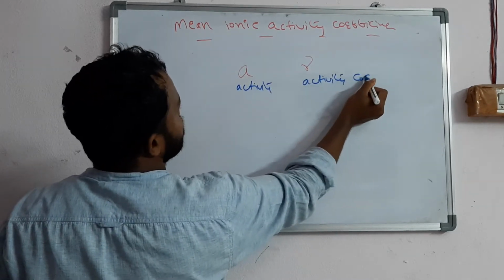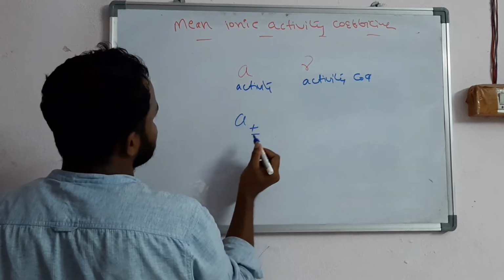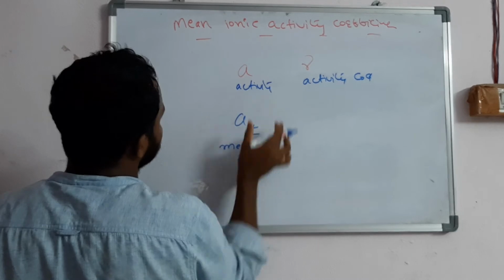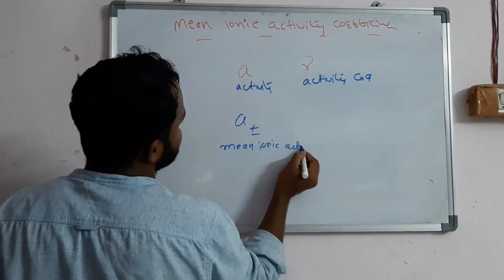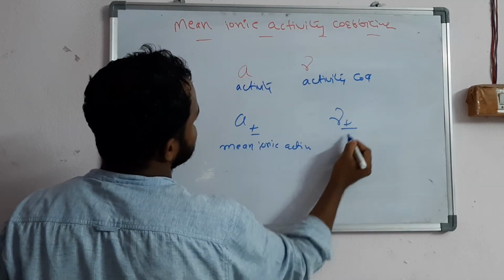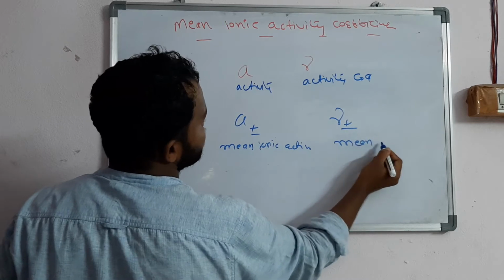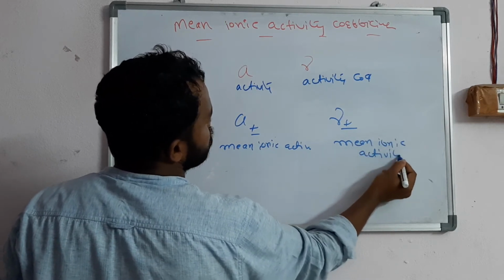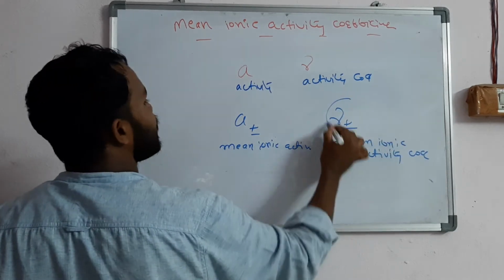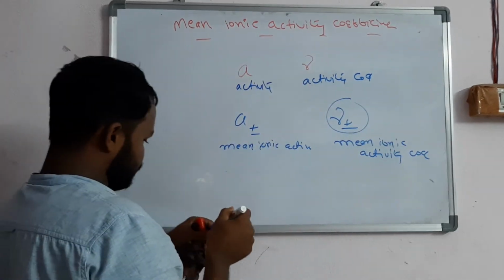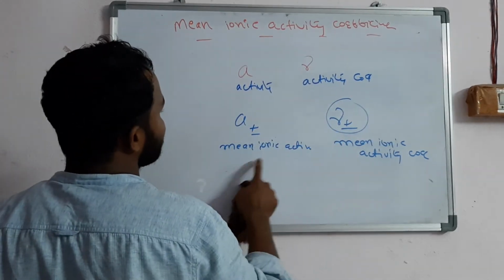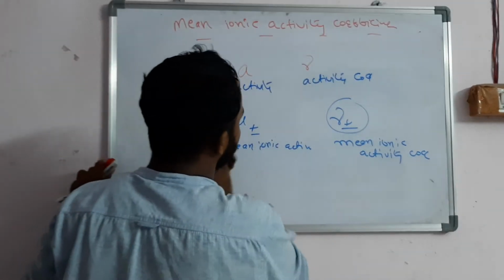Next, A± is represented as the mean ionic activity, like activity but mean ionic. Here γ± is the mean ionic activity coefficient, which we are going to calculate. These are the differences between activity coefficient, mean ionic activity and mean ionic activity coefficient.